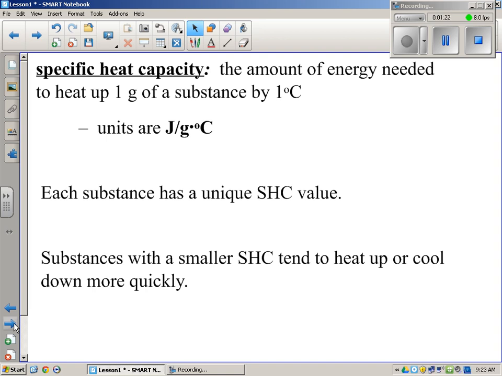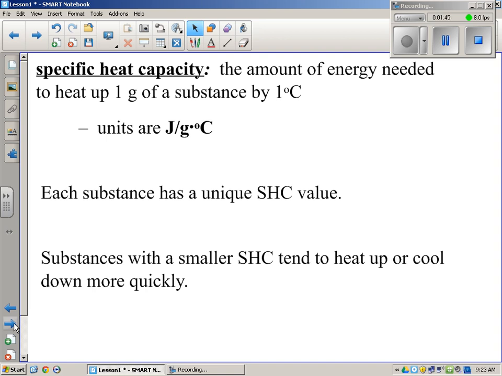We talk about what we call the specific heat capacity, and that is the amount of energy required to heat up 1 gram of a substance, which could be different substances, by 1 degree Celsius.